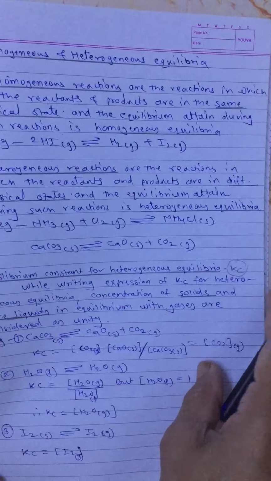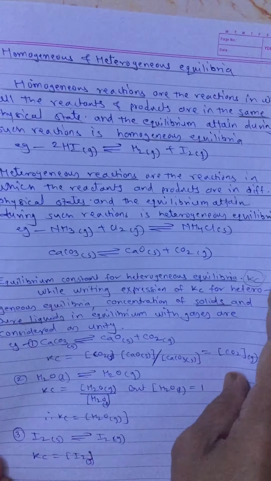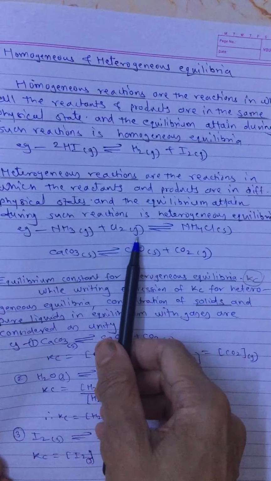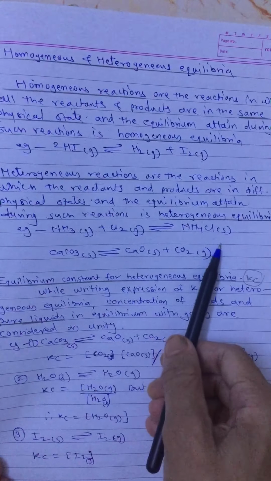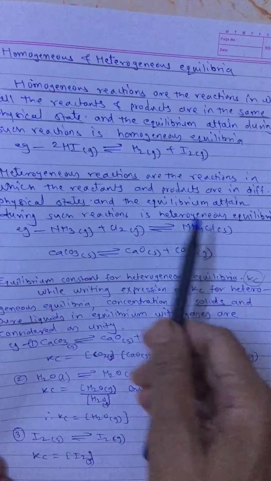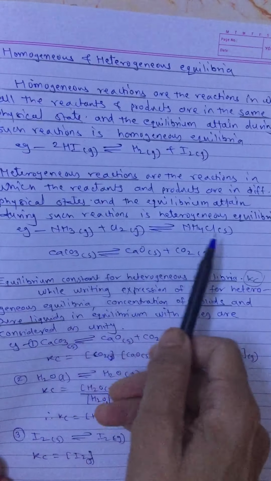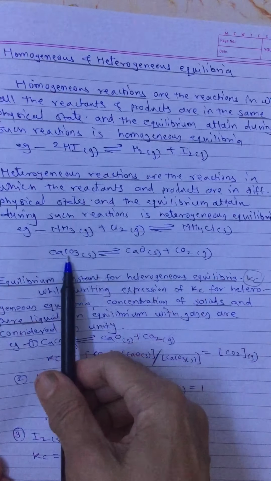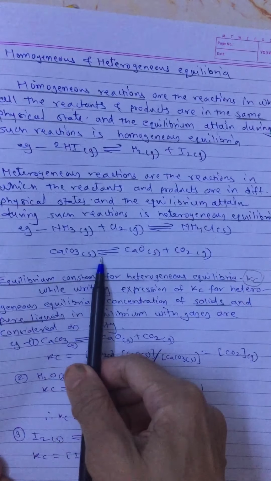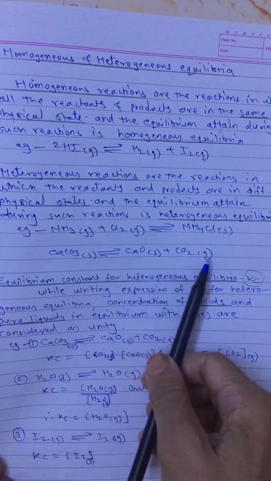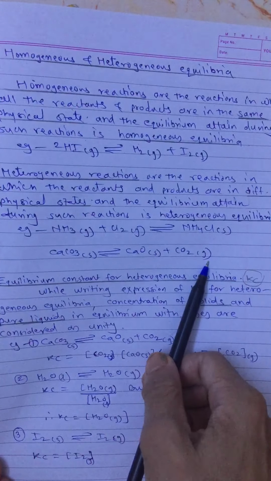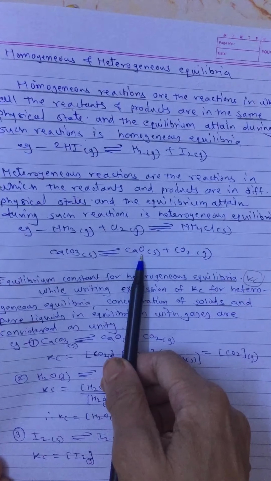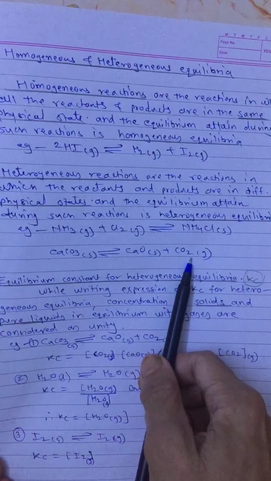For example, many reactions are there. See, NH3 in gaseous phase plus Cl2 in gaseous phase, giving NH4Cl in solid phase. So reactants are in gaseous phase, product is in solid state. We can have CaCO3 solid giving CaO solid plus CO2 gaseous. So if you observe, the reactant is in solid phase, one of the products is in solid phase and another one is in gaseous phase.